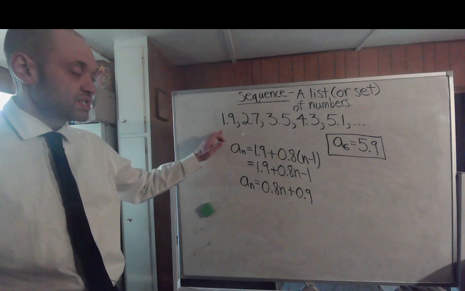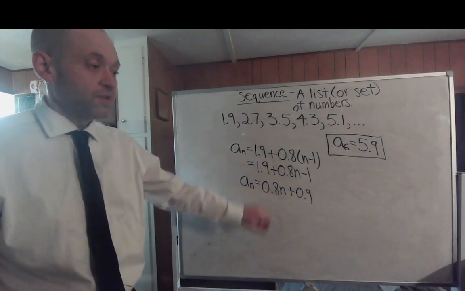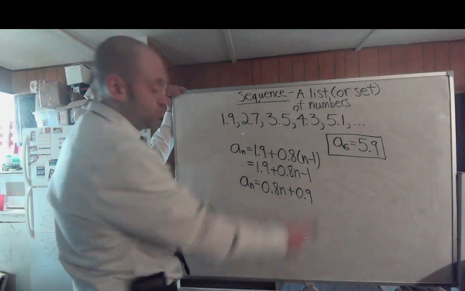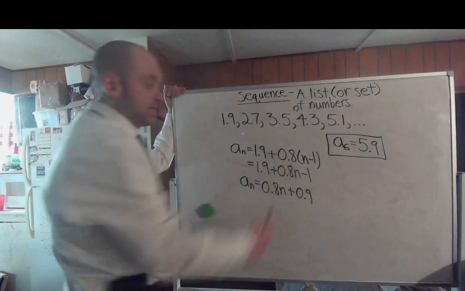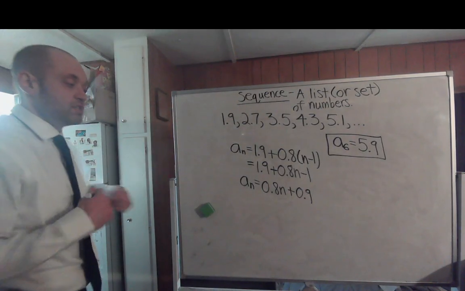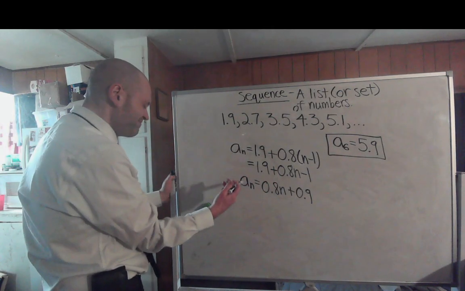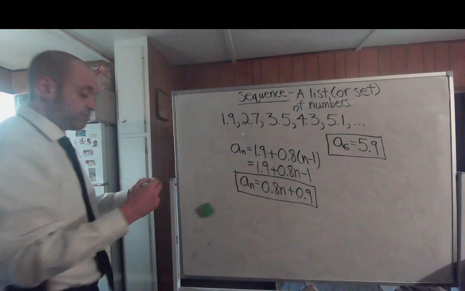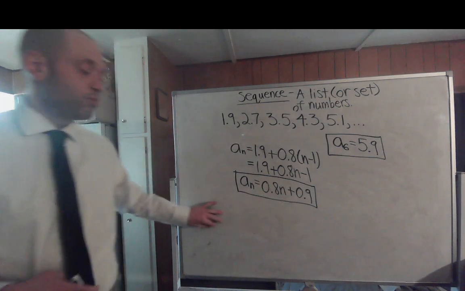Start with your first number and then take that common difference and multiply it by the term number minus 1. That's usually what it's going to be. Then you can just do the distribution and simplify it. So the general formula for the nth term of the sequence is 0.8n plus 1.1.